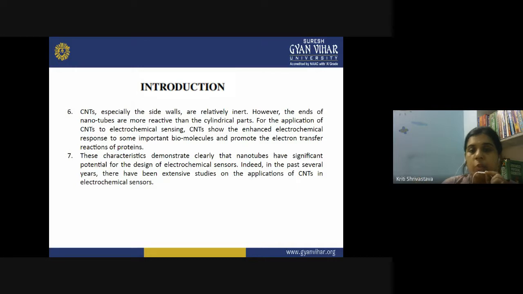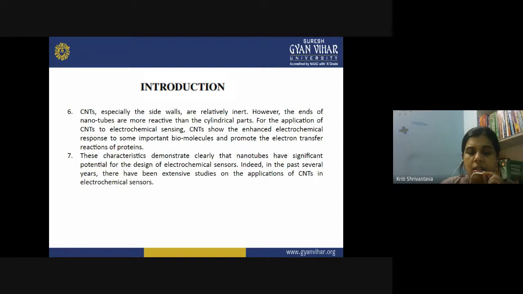Carbon nanotubes show enhanced electrochemical response to some important biomolecules and promote the electron transfer reactions of proteins. So these are some characteristics due to which carbon nanotubes have found a significant place in biochemical sensing, and they have shown significant potential for the design of electrochemical sensors. In the past several years, extensive studies have been made.